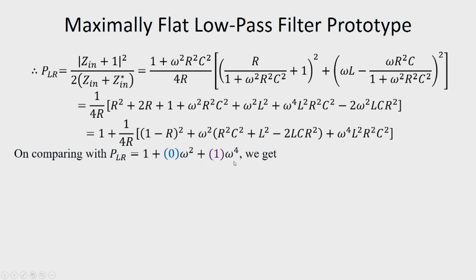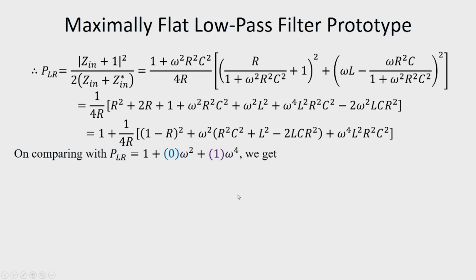So, we can write it in this form, and now if we make a term by term comparison, because for the expression for PLR we have 1 plus 1 by 4 R into 1 minus R whole square, and then a term which is the coefficient of omega square, and another term L square R square C square divided by 4 R, which will be the coefficient of omega to the power 4.